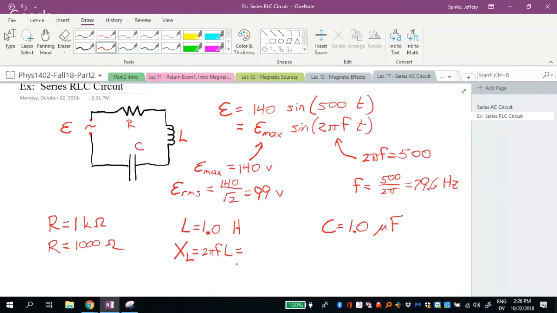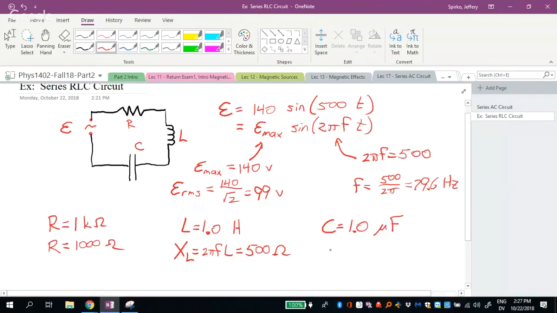Because why bother using this value here, where we've divided out the 2 pi, and then just have to multiply it by 2 pi again for that formula? So then if we use 2 pi f is 500, and then multiply it by 1, we just get 500. So that's one of the tricks that can sometimes be used with AC circuits.